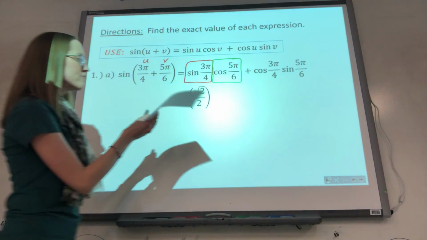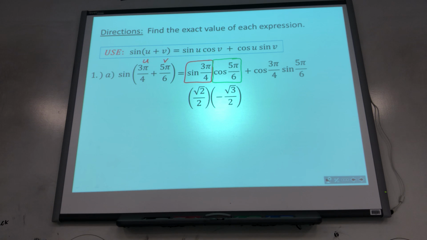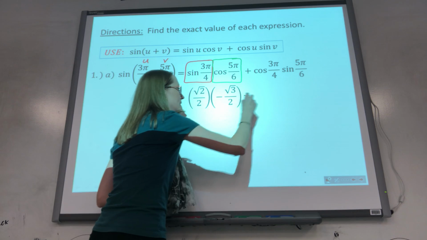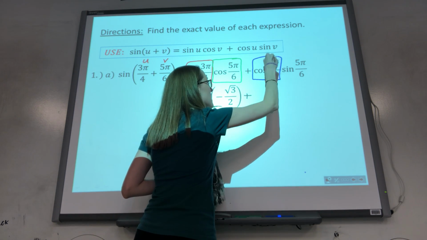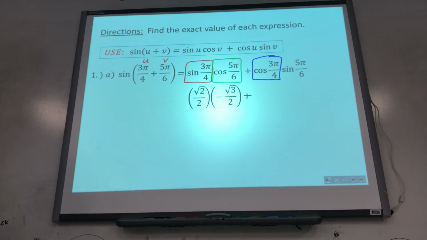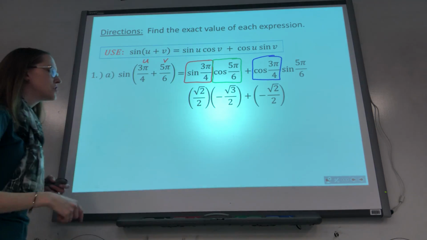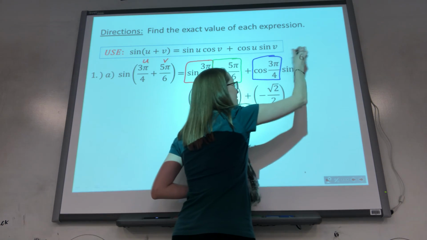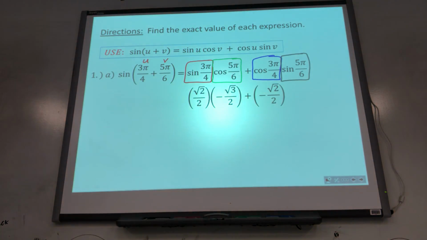Cosine of 5 pi over 6, that would be negative radical 3 over 2. Now there should be a plus sign next, and let's fill everything else in. This can come off of handy dandy. Cosine of 3 pi over 4, that is negative radical 2 over 2. And then last part, sine of 5 pi over 6, that should be a 1/2.